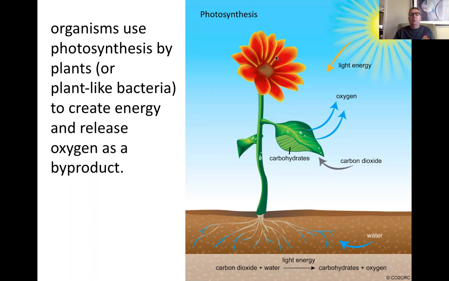All right, so this is just a reminder that oxygen is a byproduct of photosynthesis. That's the most important part, tying it back to before, all right? They release oxygen as a byproduct.